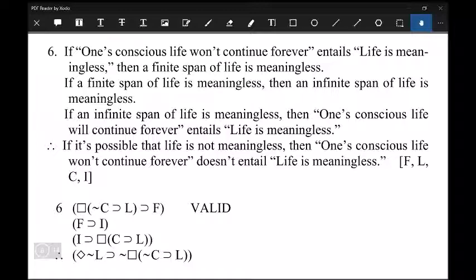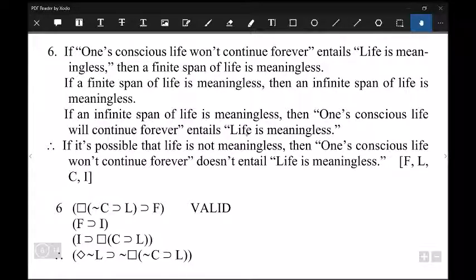It's rather complicated, though. If one's conscious life won't continue forever entails life is meaningless, that's this, then a finite span of life is meaningless, F. If a finite span of life is meaningless, then an infinite span of life is meaningless also. It's just more of the same.